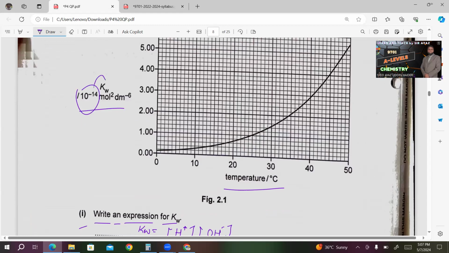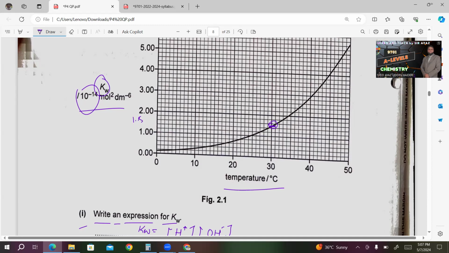At 30 degrees centigrade, here it is, the value must be 1.5 into 10 raised to power minus 14.